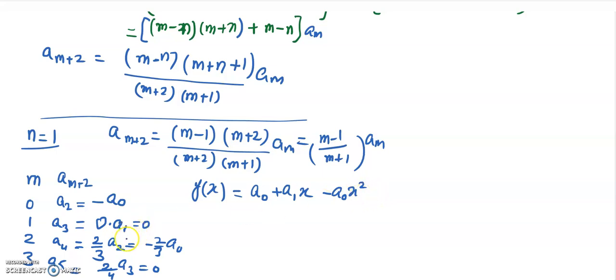Okay, and then it will be minus 2/3 of a naught, in this case a4 was dependent on a2, so a2, that is, it should be a naught, so minus 2/3 of a naught. Okay, and then that will be x cube.